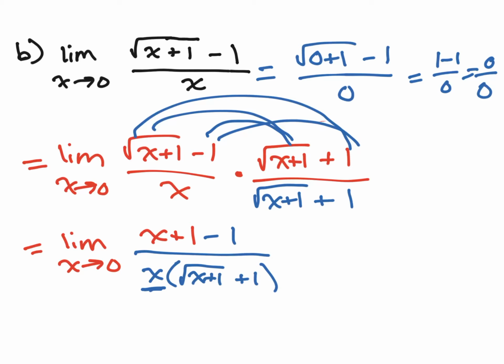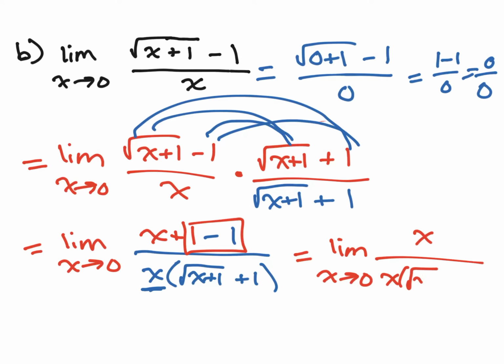Okay, so then notice this is going to turn into the limit as x approaches 0 of, well, 1 minus 1 is 0, so we just have x over x times the square root of x plus 1, and x over x goes to 1.